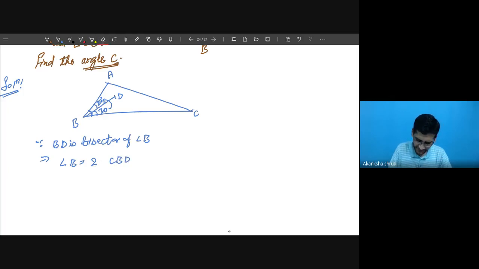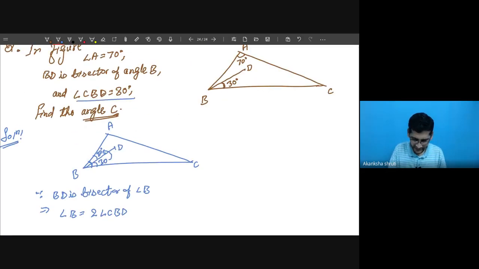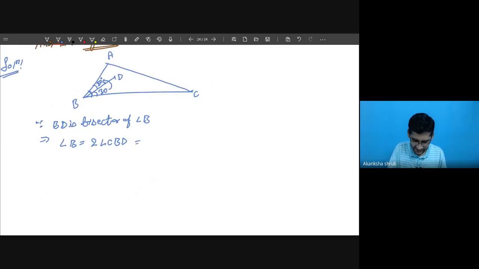The same thing we have written, twice angle CBD, which is given to us as 30 degrees. Now student, this is equal to 2 into 30, which is 60 degrees.